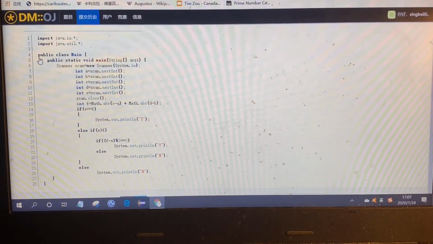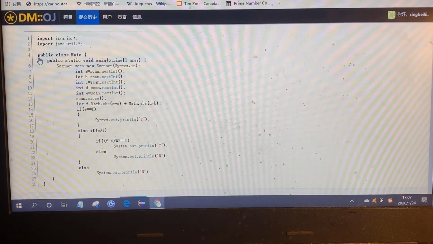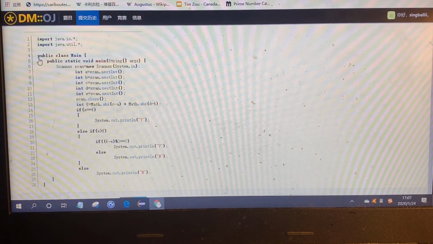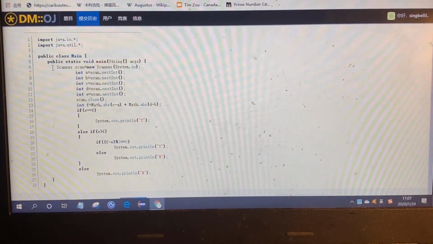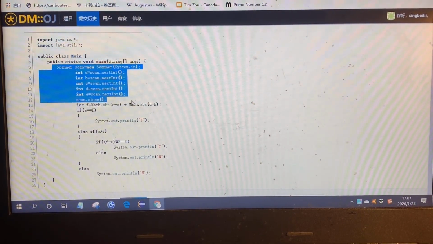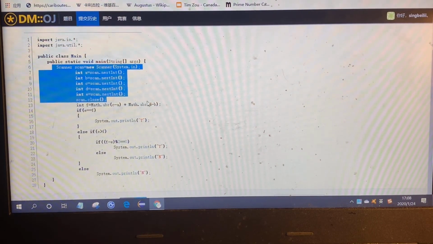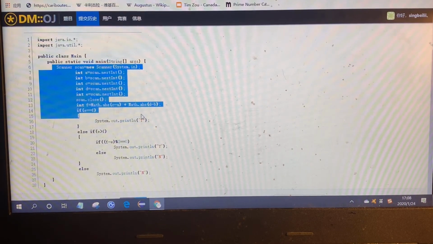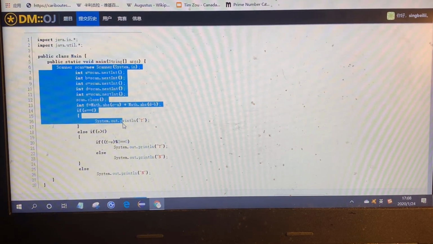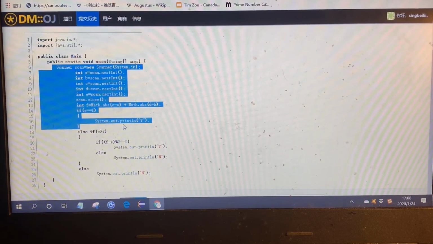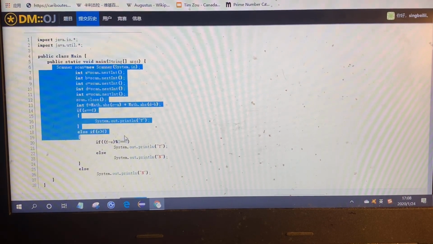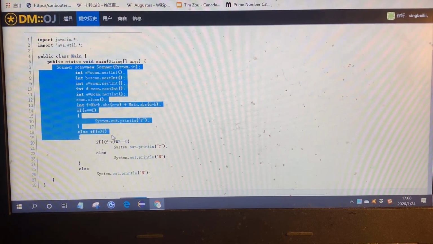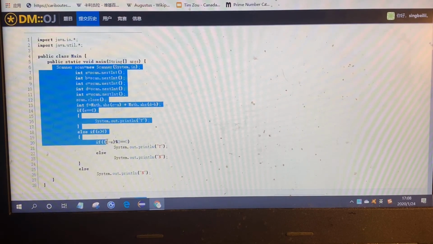On this platform, we are going to show how this code works. The first part is easy, I don't need to explain. Read the 5 numbers, then close the scanner. And this one is the shortest length called F. If E is equal to F, which means the energy is equal to the shortest length, it's yes. Else, if E is larger than F, we divide it into 2 parts.